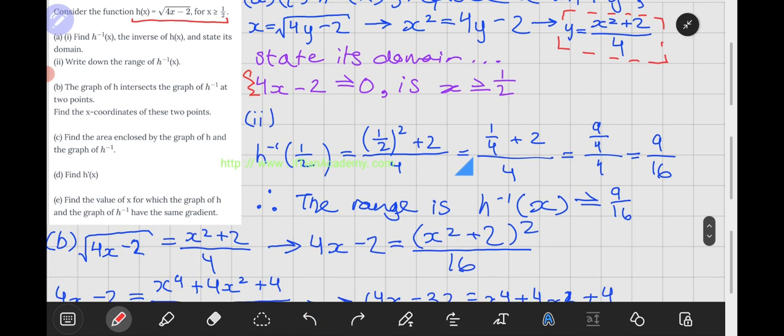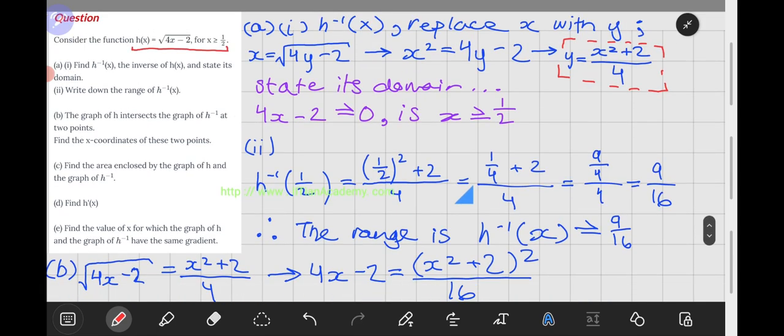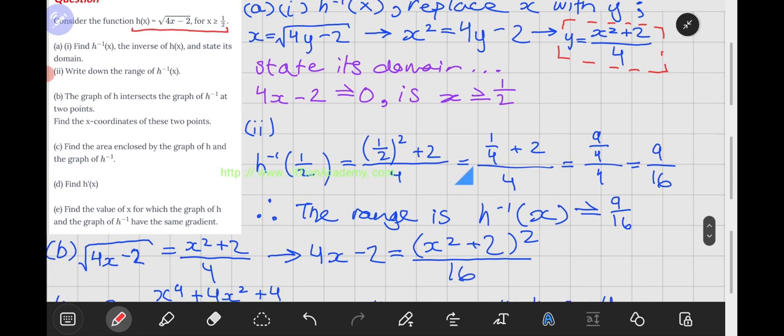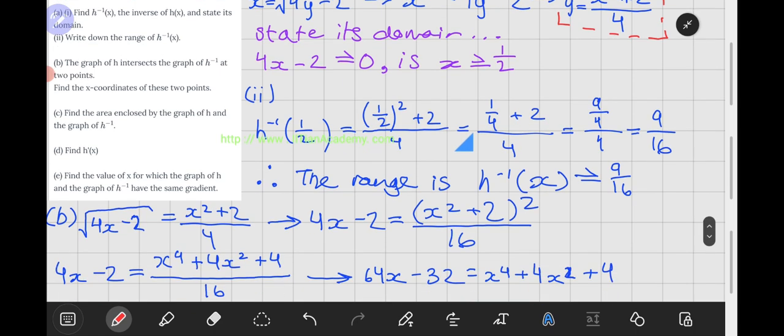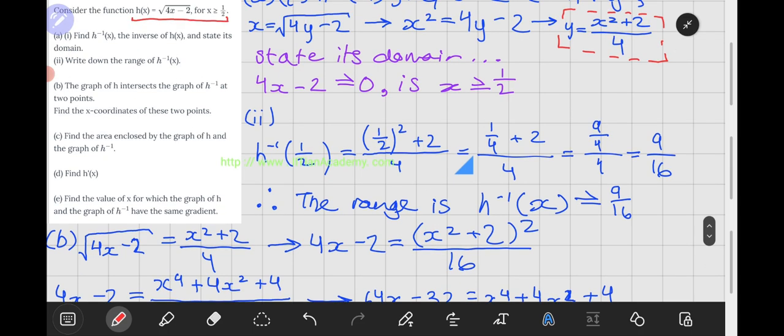And now for our second question, we're asked to find the range, and we evaluate our function based on the restriction of our domain to solve for the corresponding y value. For our new function, we get ((1/2) squared plus 2) over 4, which is equal to (1/4 plus 2) over 4 again.